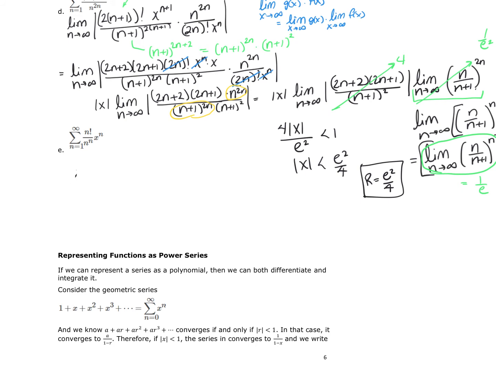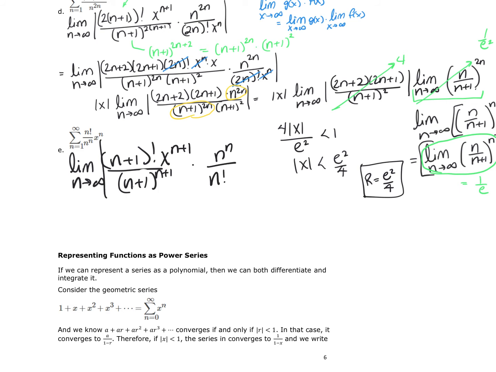So the limit as n goes to infinity of n plus 1 factorial over n plus 1 raised to the n plus 1, these are the n plus 1s, don't forget, multiplied by x raised to the n plus 1, multiplied by absolute value, multiplied by its reciprocal, so it would be n to the n over n factorial over x to the n.